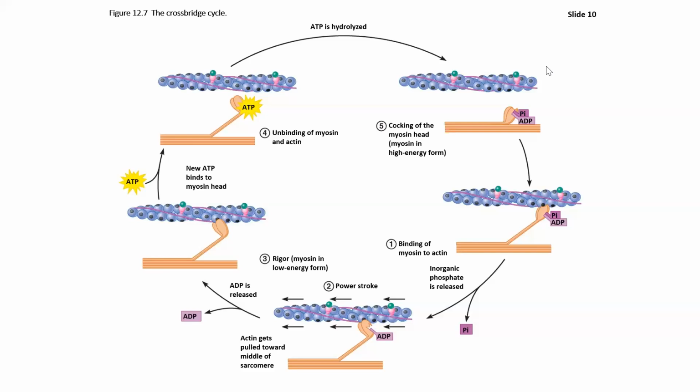And we'll talk about how calcium regulates the turning on and off of this process. So the ATP is coming from the mitochondria in the myofibril, and that is what is providing the energy to bring that myosin head back to its low attraction state for actin. So ATP and calcium are going to be the 2 important players of regulating this process.